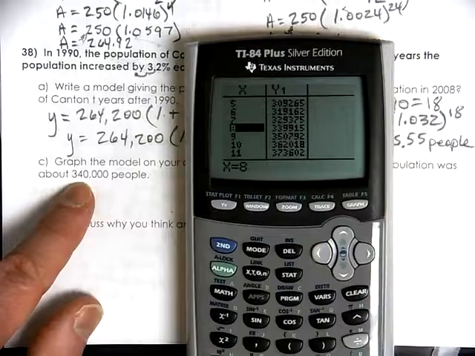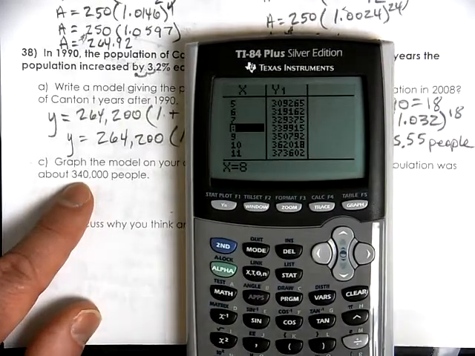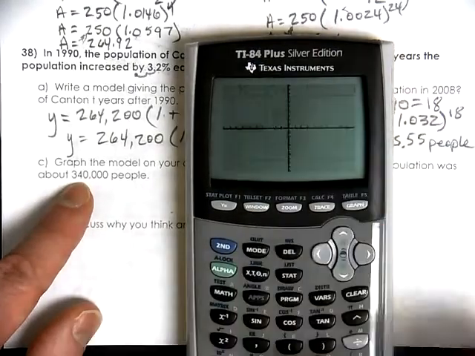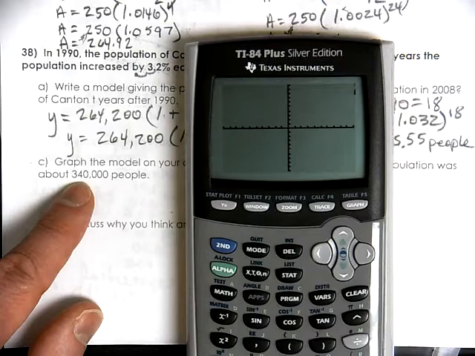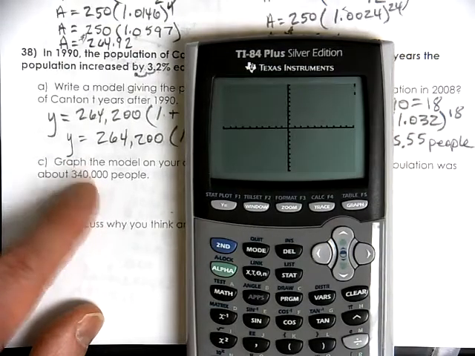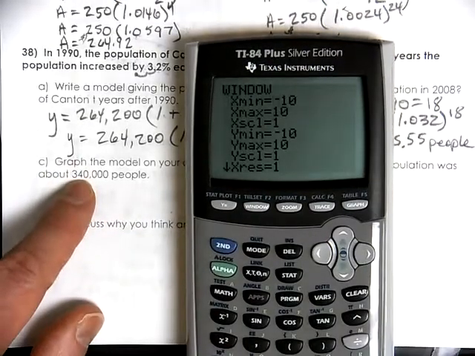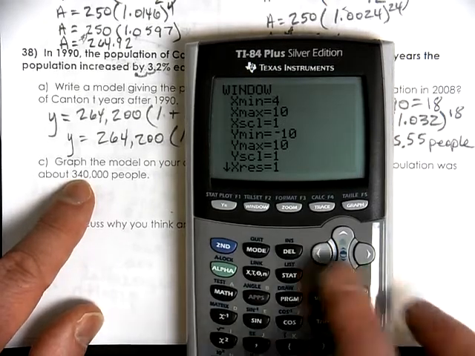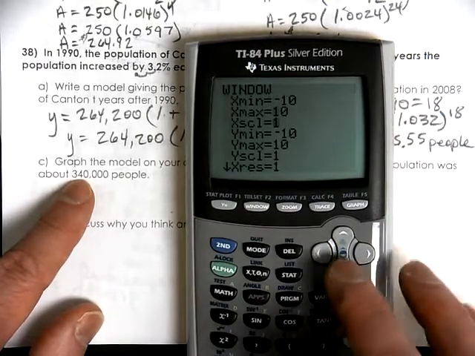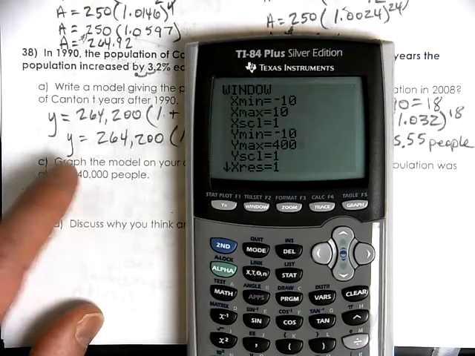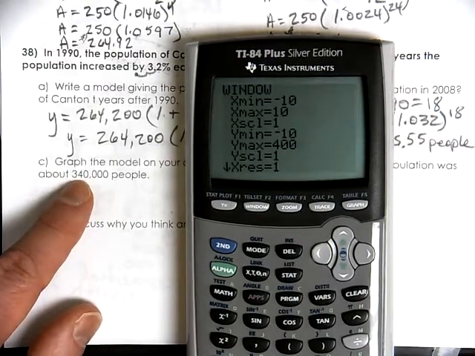But let's see if we can get any better than just saying 8 or 8 and a little bit. Let's get the graph to do it. But for me to be able to see the graph, we need to have the window set the right way. So we know that we have to get to a height of at least 340,000. So let's just call that 400,000. So we need to go to our y maximum and put in 400,000.